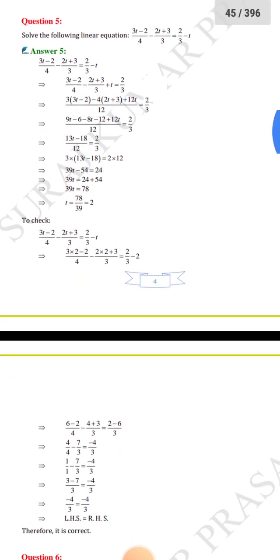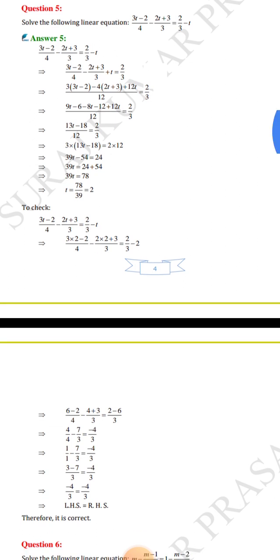Let's solve question number 5. Solve the following linear equations. (3t minus 2)/4 minus (2t plus 3)/3 equals 2/3 minus t. Then we can get (3t minus 2)/4 minus (2t plus 3)/3 plus t equals 2/3.